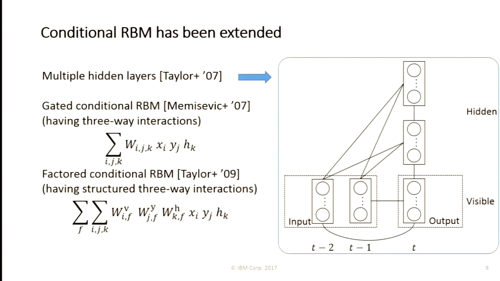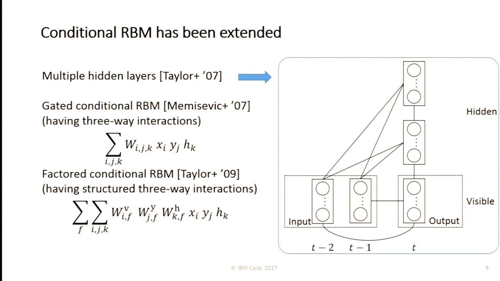So it's been quite successful in learning this kind of structured pattern, time series of structured patterns, such as human motions. There have been some extensions of conditional RBM, which I won't talk so much about. For example, we can have multiple or deep hidden layers, like we have seen in the second part. We can also have three-way interactions between input, output, and hidden, but this can increase the number of parameters significantly. So an interesting approach is to factor these three-way interactions in this way.